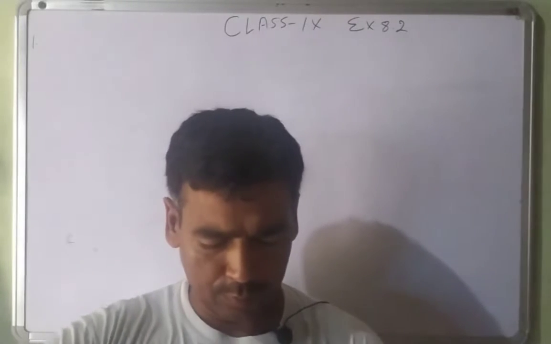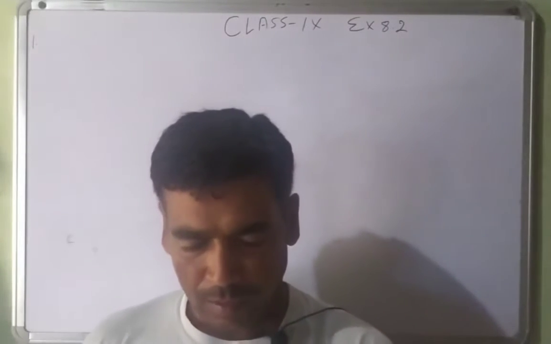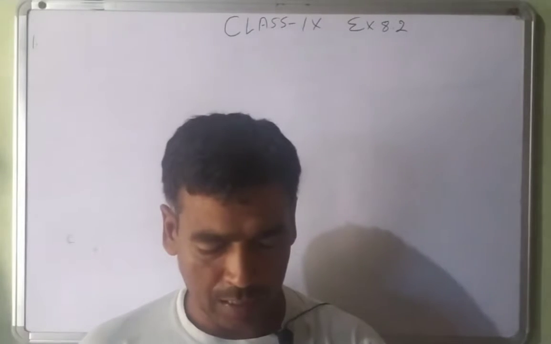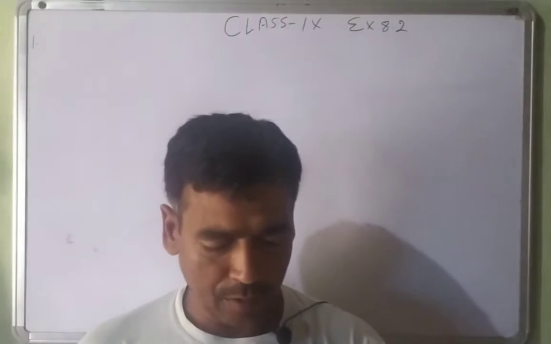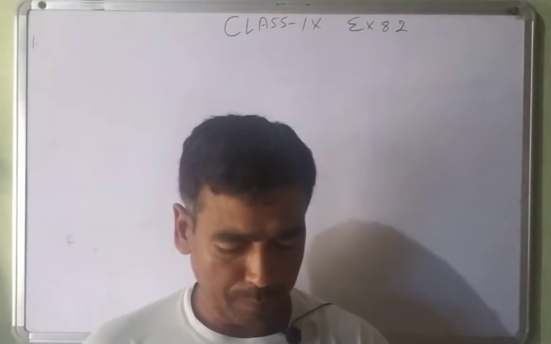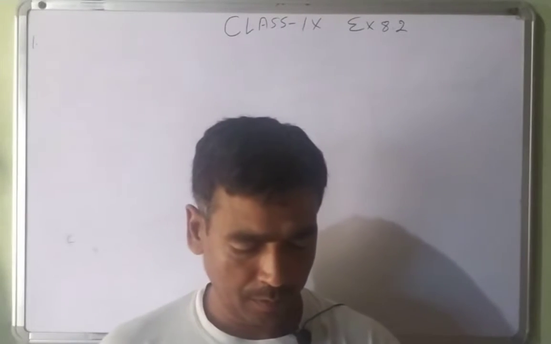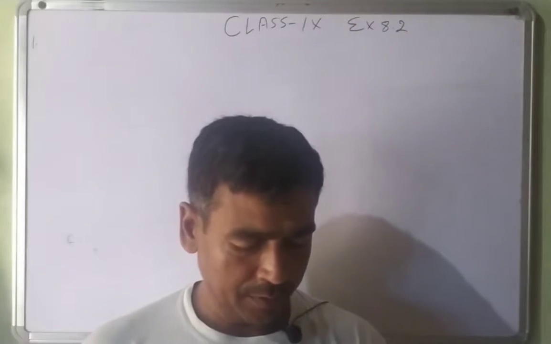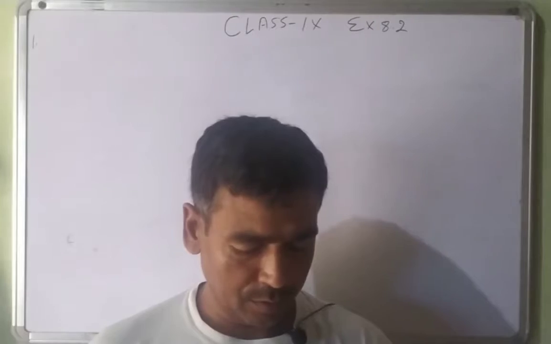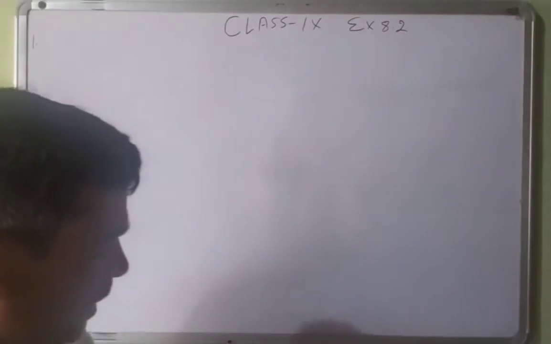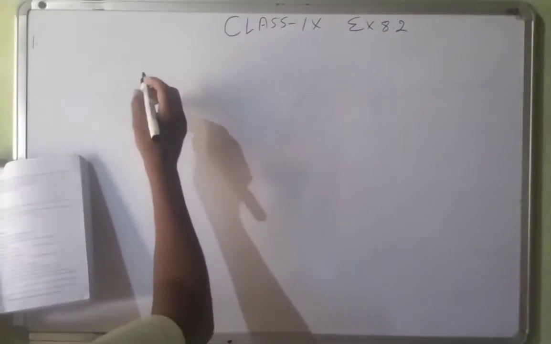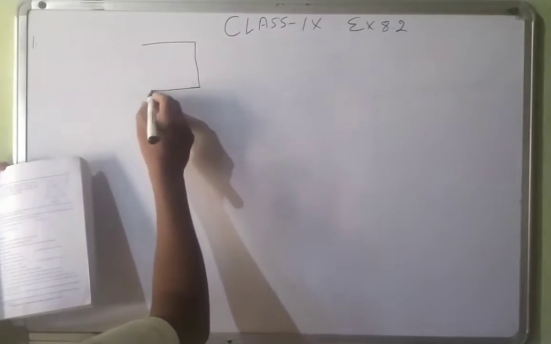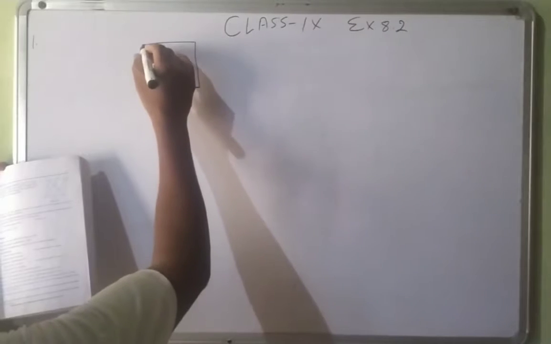Exercise 8.2, question number 1. ABCD is a quadrilateral in which P, Q, R, S are midpoints of sides AB, BC, CD and DA. See figure 8.29. AC is a diagonal. We will also draw the diagram here, because without the diagram we can't understand.